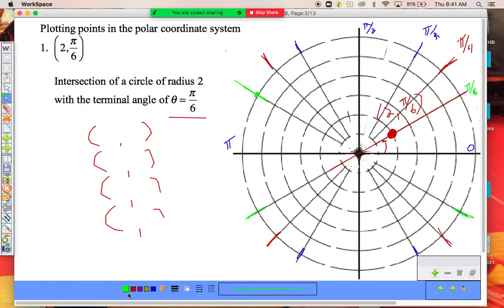Can somebody give me another angle and another distance that'll put me in exactly the same place? A different rotation, maybe a different distance. How can I get to that same exact place? Or tell me how to do it. Maybe you don't know an angle, tell me how I can do it.